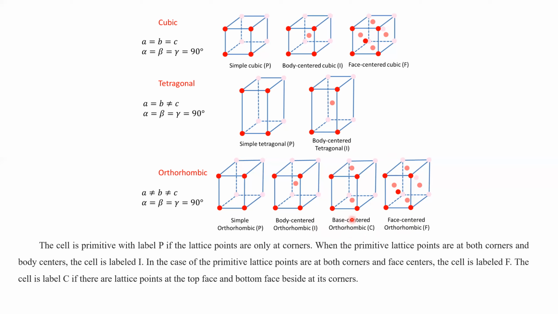So this is BCO, right? Base-centered orthorhombic. We have 1 sitting in the middle of the top surface, and another one sitting in the middle of the base. So this is labeled C.